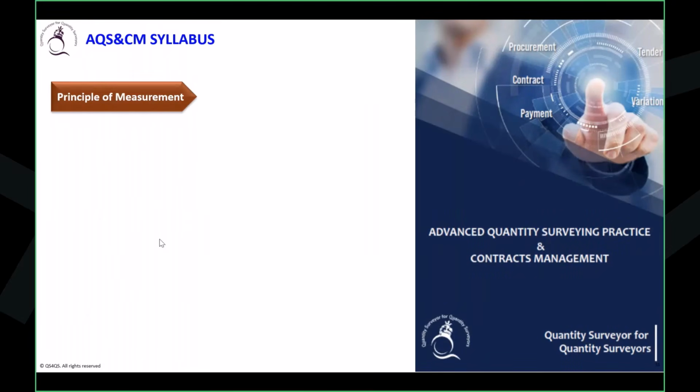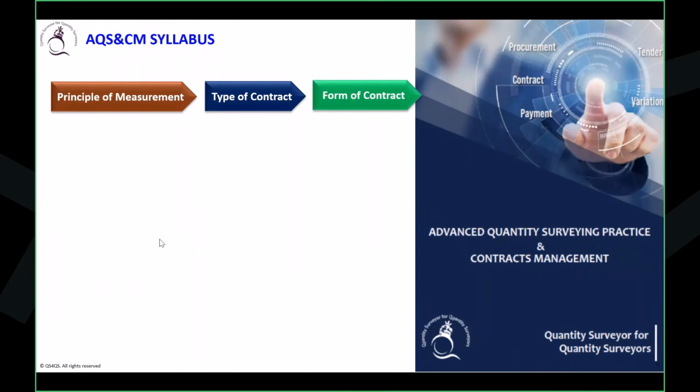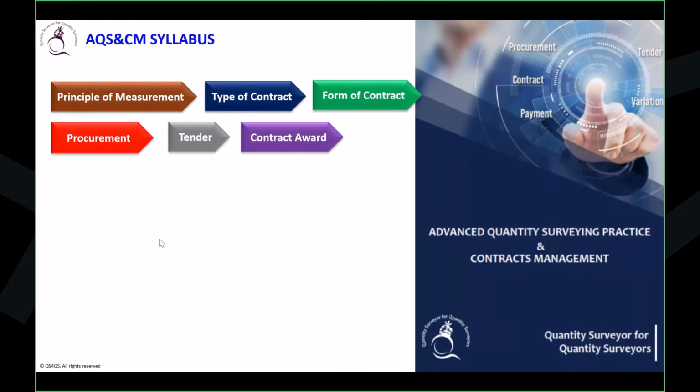If you want detailed knowledge of measurement, we have a different training, integrated quantity surveying. You can join that one; we teach quantity surveying measurement in depth. Then, as I told you, type of contract, form of contract, procurement, tender, ending with the contract award. With that, pre-contract is over.